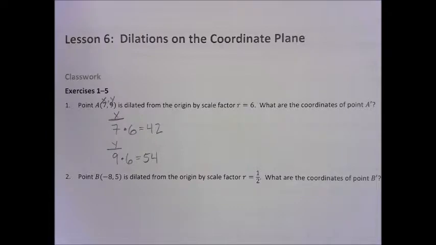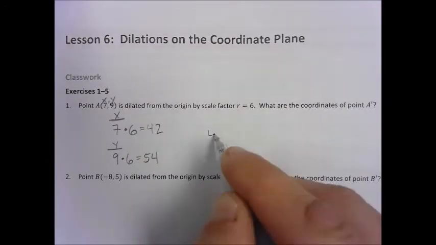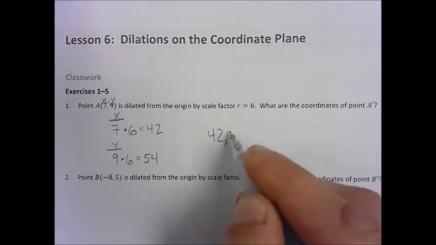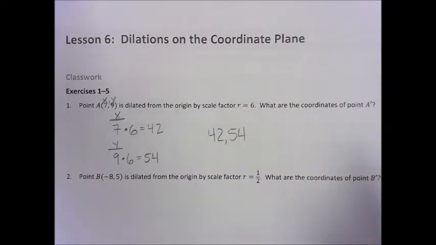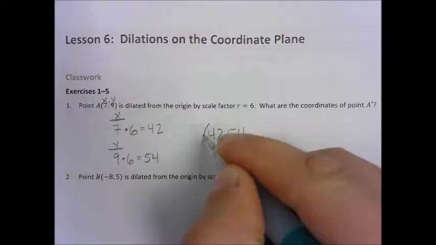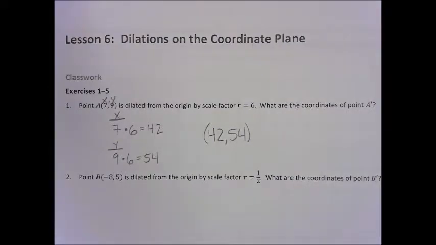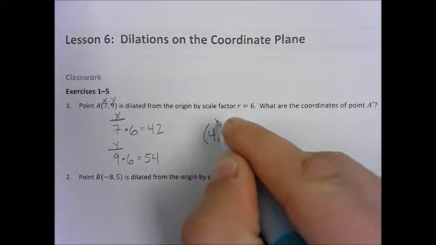So our A prime is going to be located at point (42, 54). And in order to make this an actual ordered pair, don't forget that you need to put it in parentheses. So (42, 54), this is my x, this is my y, this equals A prime.